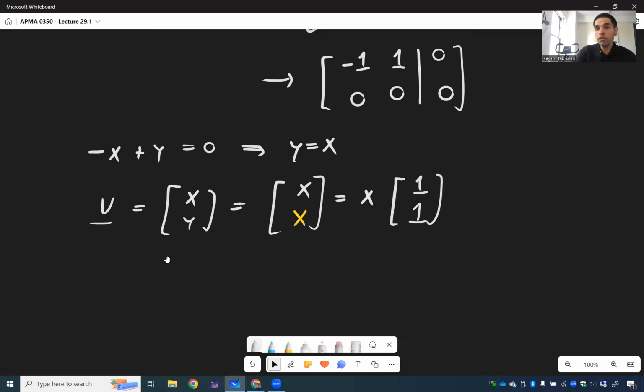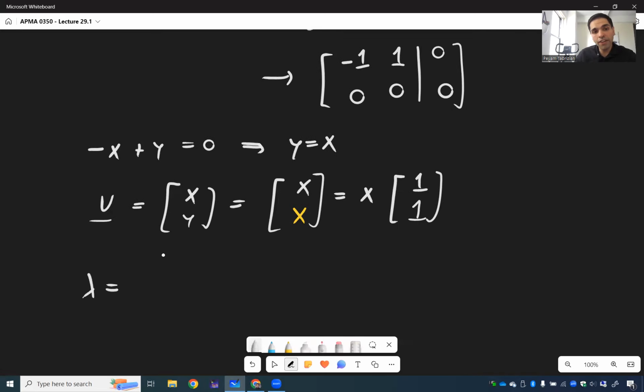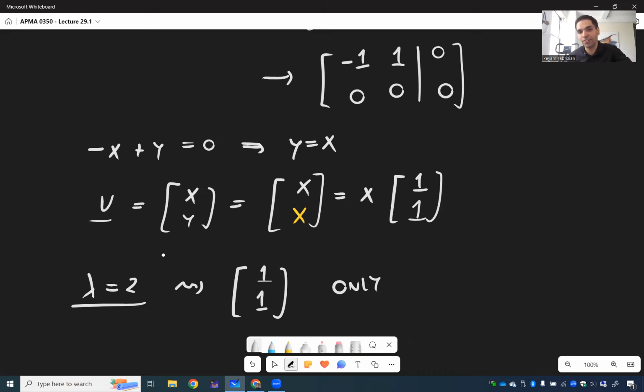So what we've learned is for the eigenvalue 2, we have the corresponding eigenvector (1, 1). And now we can panic because, oh no, we only have one eigenvector. And the question is, what do we do now?